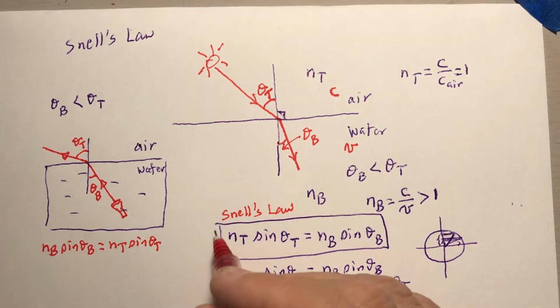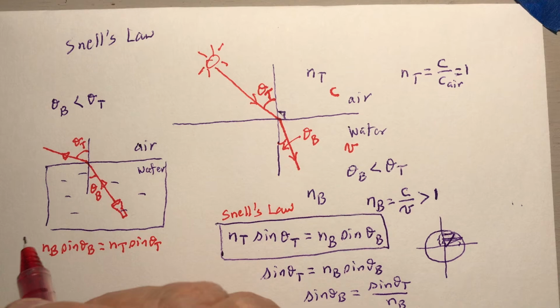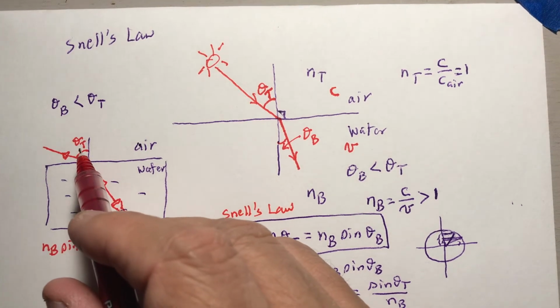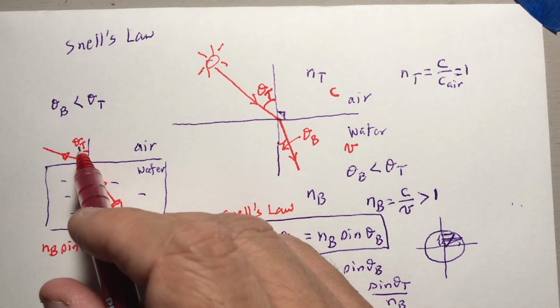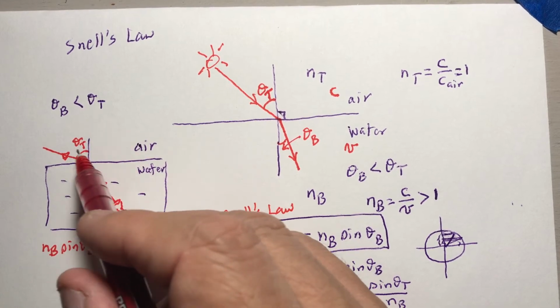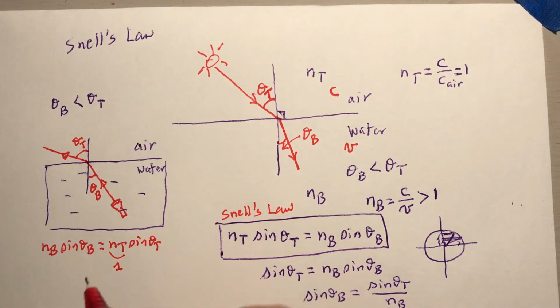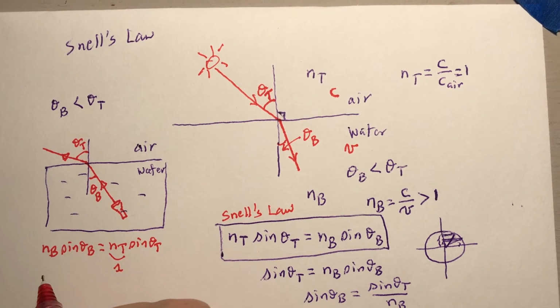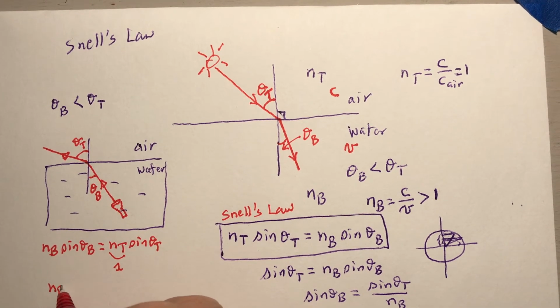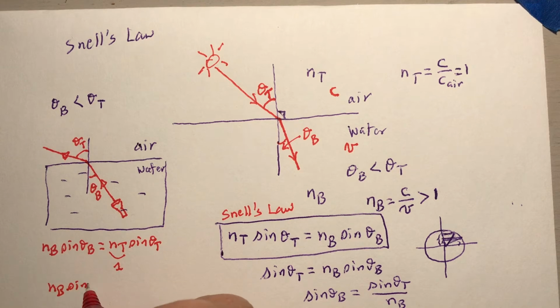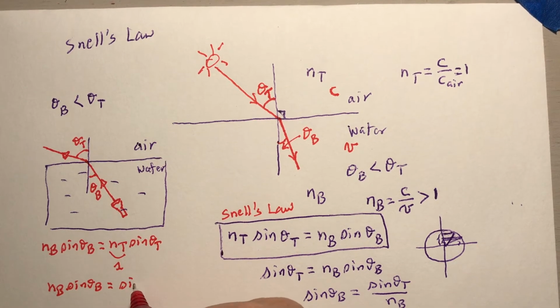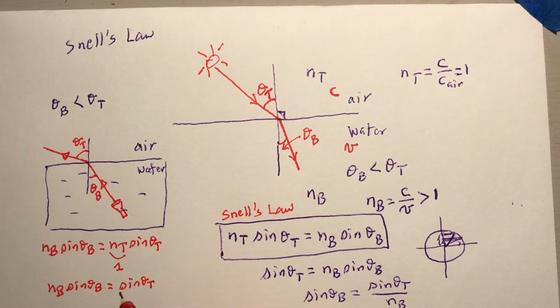It's called Snell's law. Now, we know that this medium is just air, so its index is just 1, so we put here 1. So the formula becomes N_B sine theta B is equal to sine theta top.